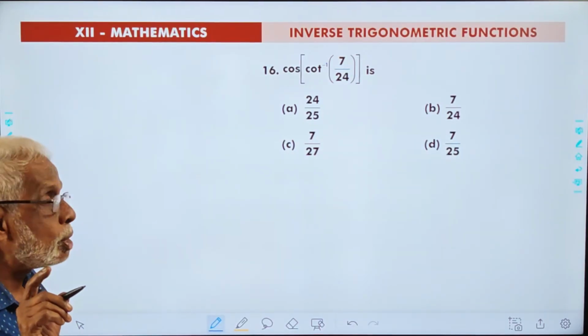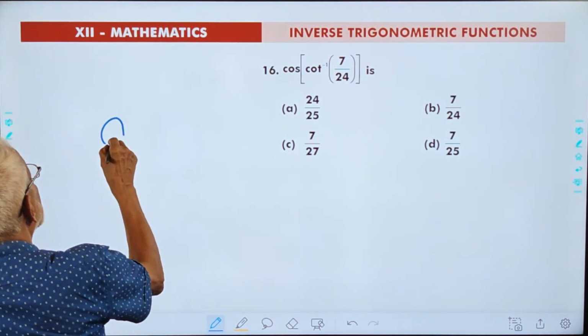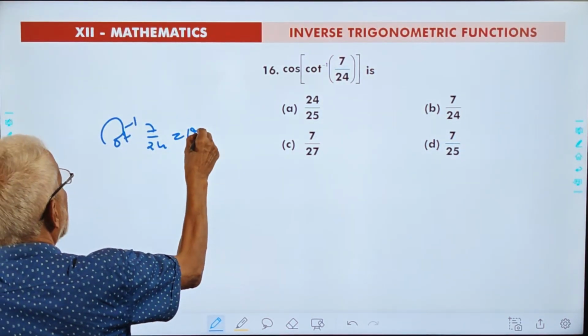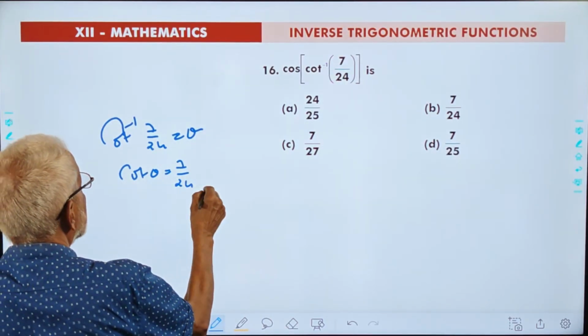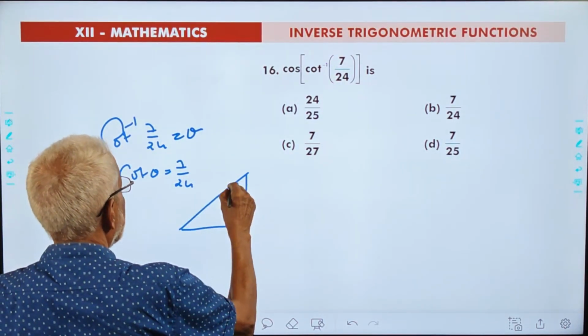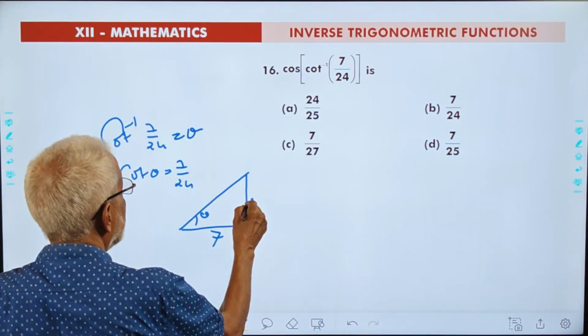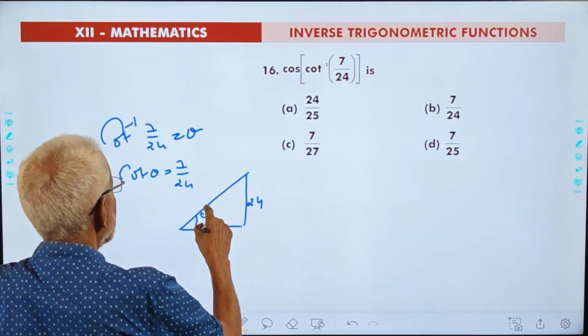Inverse functions are angles. Therefore, we can take cot inverse 7 by 24 as theta. Then cot theta is equal to 7 by 24. Bring it to a right triangle. We get cot theta is equal to adjacent side divided by opposite side. You can find the hypotenuse.